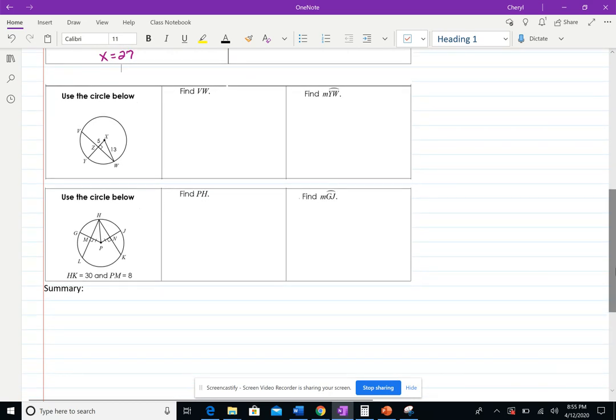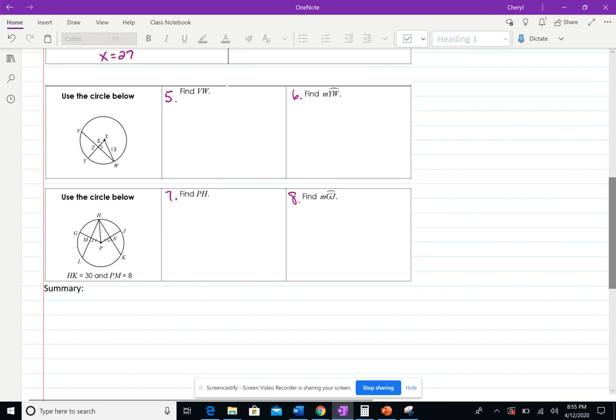All right, welcome back. We are going to do number 5 and 6 together, and you can do 7 and 8 on your own before you turn it in. It says for number 5 and 6, use the circle below. We are going to try to find chord VW.